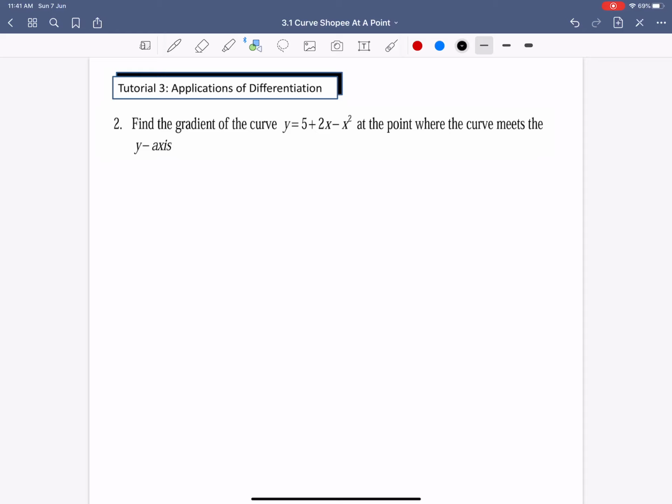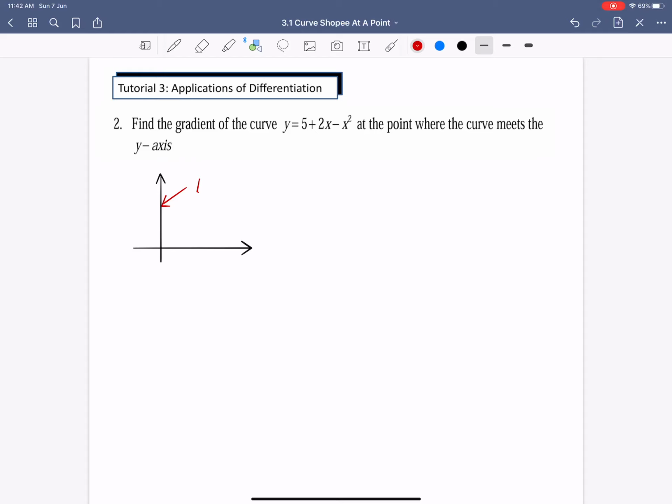Okay, if you remember, when a point meets the y-axis, it means that the point is on the y-axis here. So we know that any point on the y-axis will have the x value of 0.